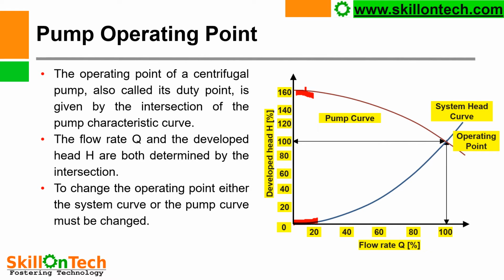So this is the pump characteristics curve, this is the system head curve, this is the intersection point, and this is the operating point of the pump. The flow rate Q and the developed head are both determined by the intersection. To change the operating point, either the system curve or the pump curve must be changed.